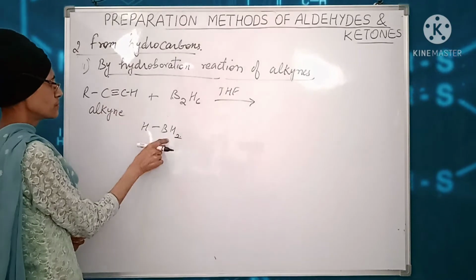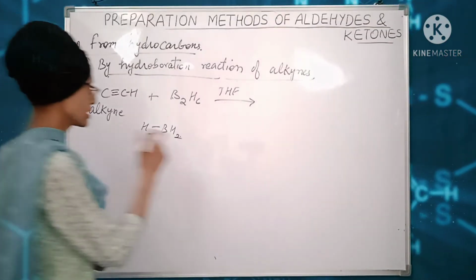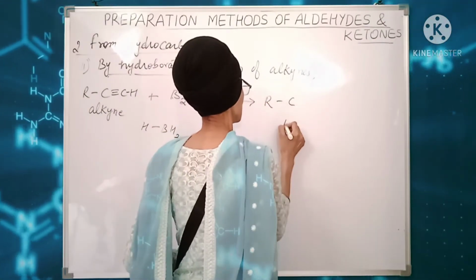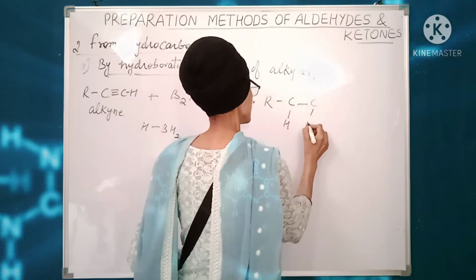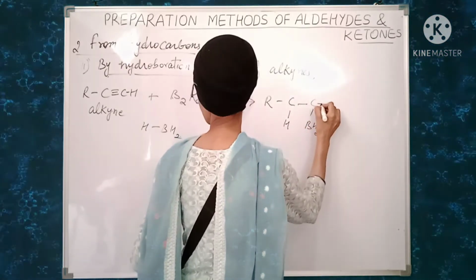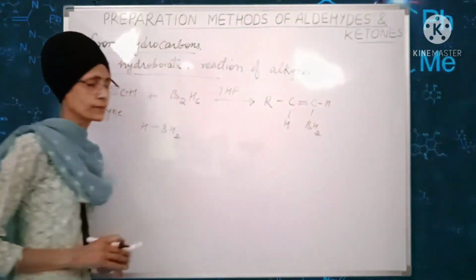H adds on one side, BH2 adds on the other side. So H adds at one carbon atom, BH2 adds to the next carbon atom, this way, and we get a double bond here.